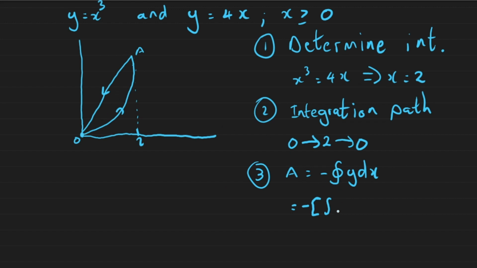The bottom curve corresponds to x cubed. Then back from 2 to 0, so we're going from 2 to 0, and that corresponds to the function 4x.